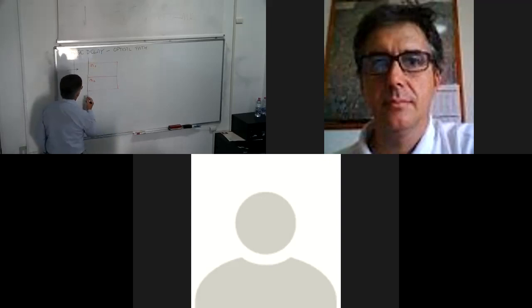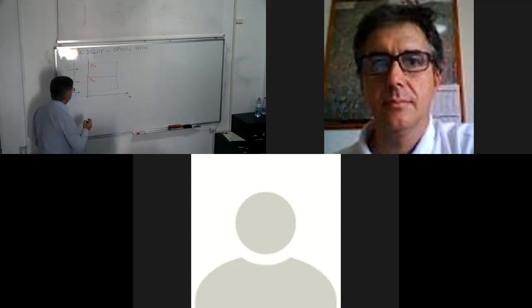Say that we take an x-axis like this, with the origin here. This is the thickness of the two media, D.